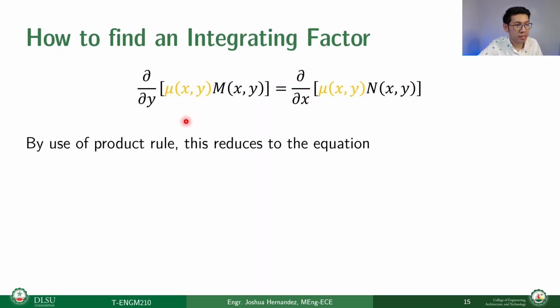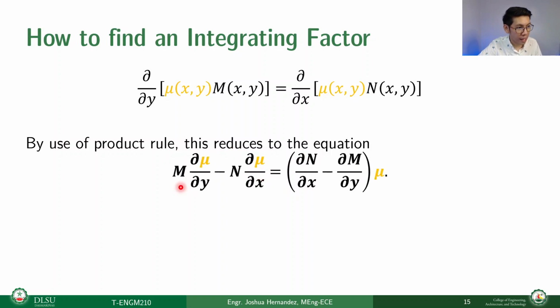By use of the product rule, this reduces the equation to M partial derivative of mu with respect to y minus N partial derivative of mu with respect to x equals partial derivative of N with respect to x minus partial derivative of M with respect to y, multiplied by mu.